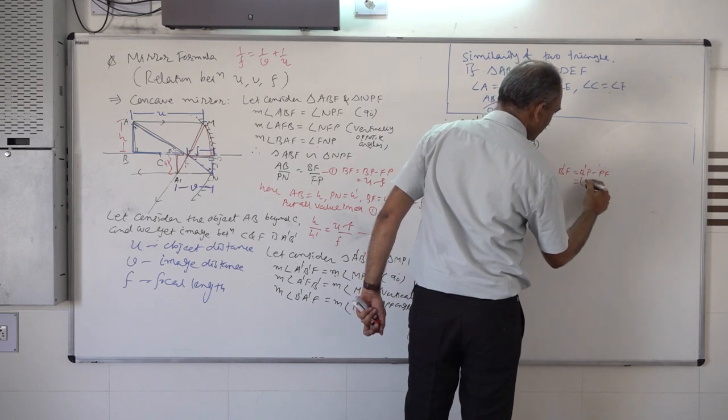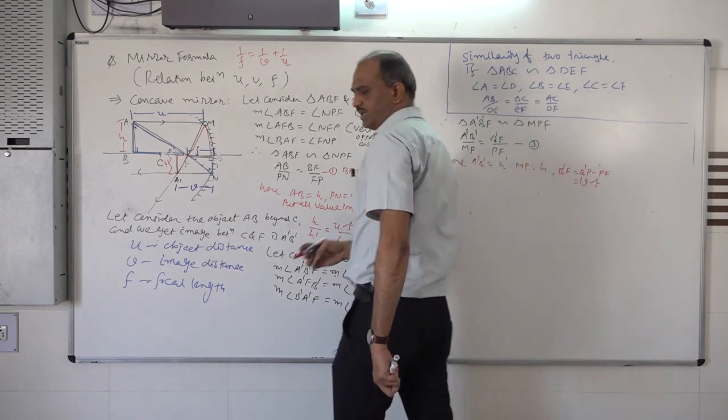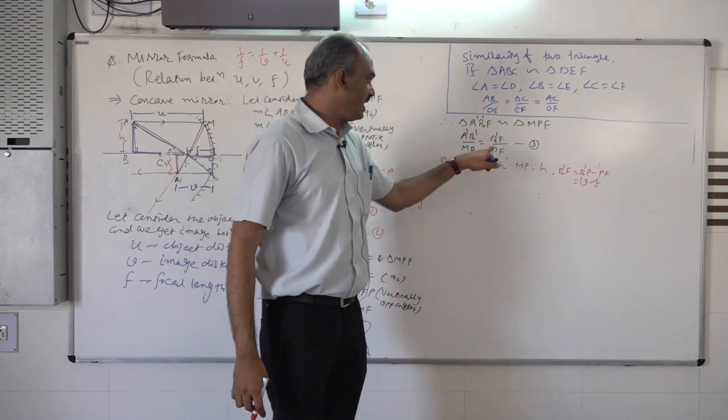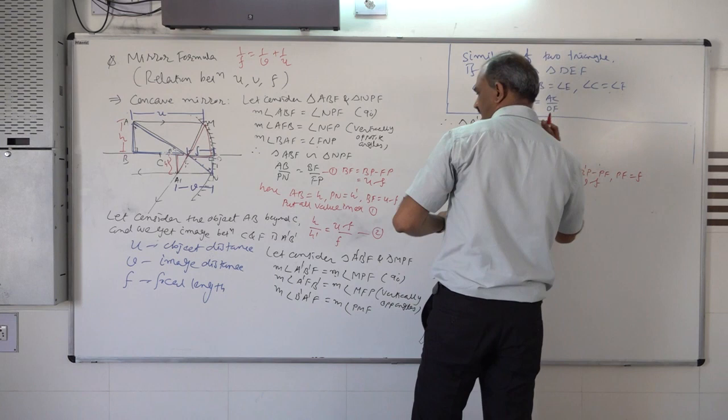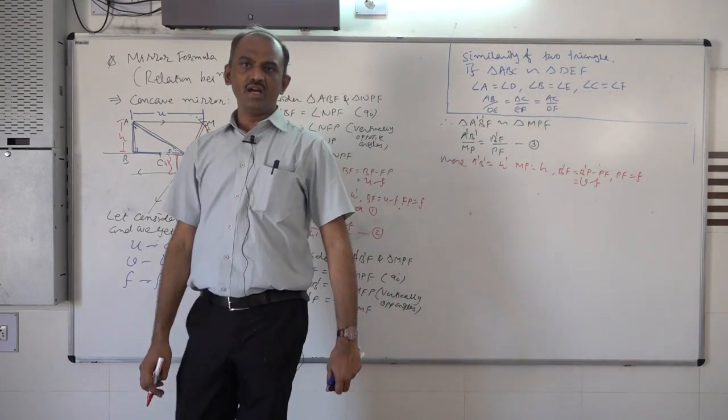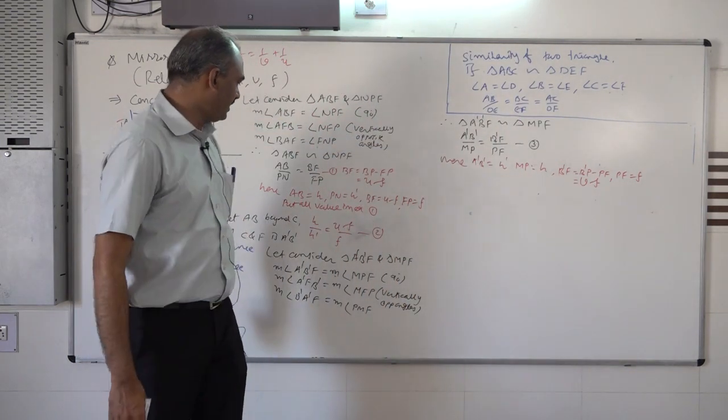B dash P is nothing but V and PF is nothing but the focal length F. So now we are putting all values in equation number 3.